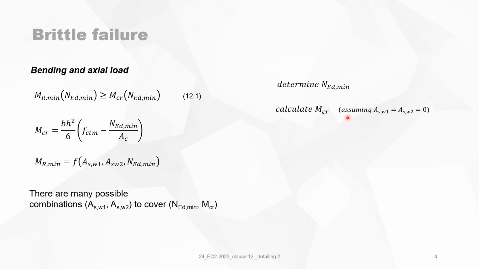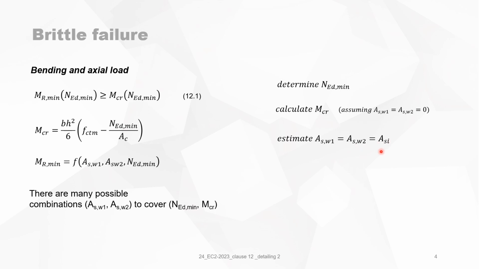So this is a pure elastic calculation. Then you estimate the required reinforcement, and you make the assumption that it is symmetrically reinforced, so compression and tension reinforcement are the same. That's again an assumption.